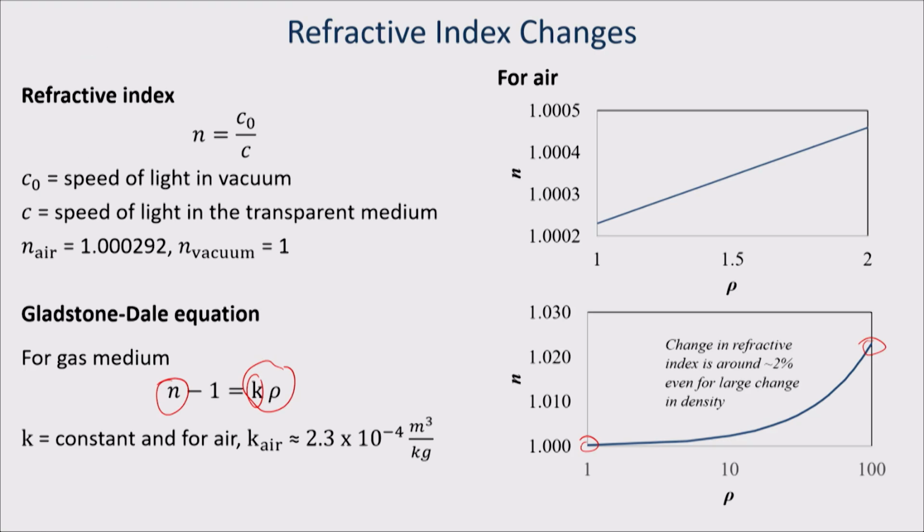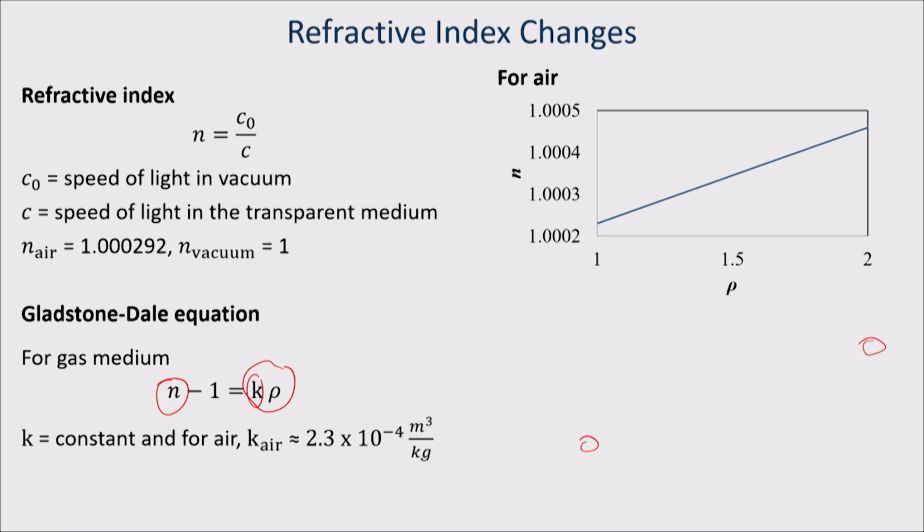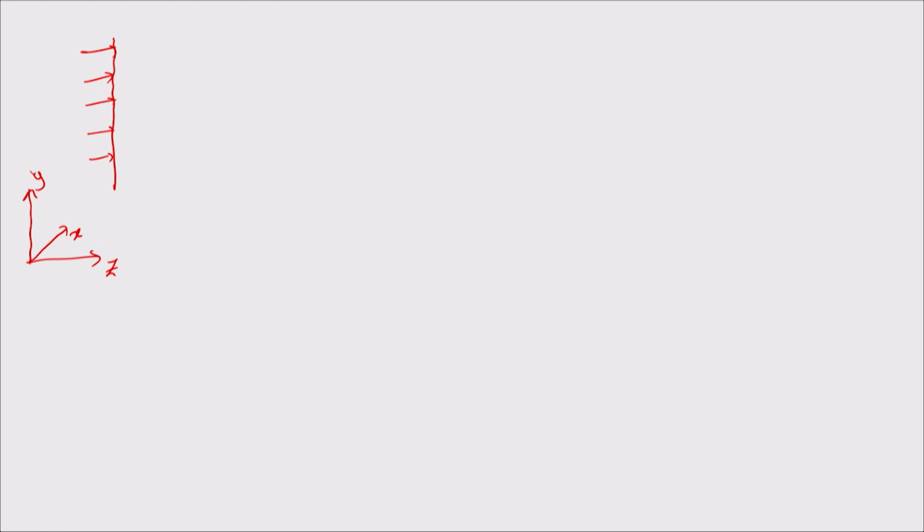This is the x direction, y direction, and z direction, right? So there is a density gradient in the y direction. So let's say n varies in the y direction.